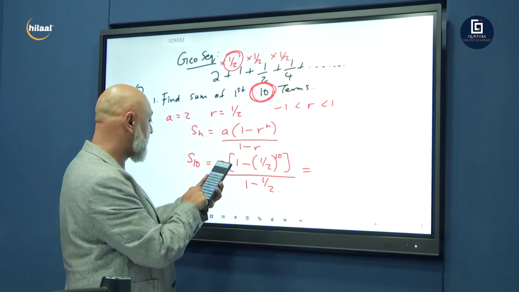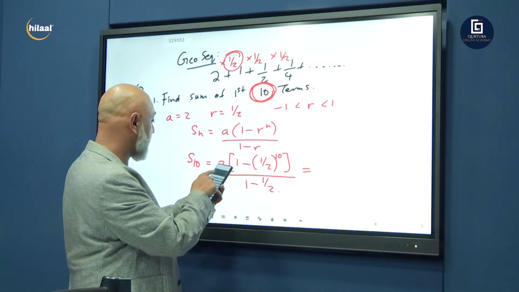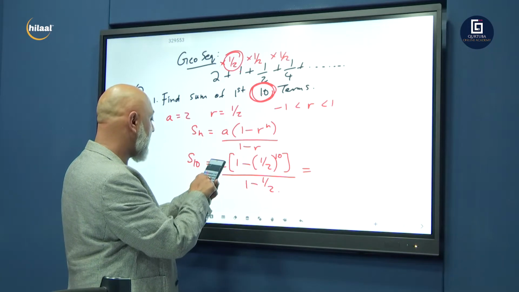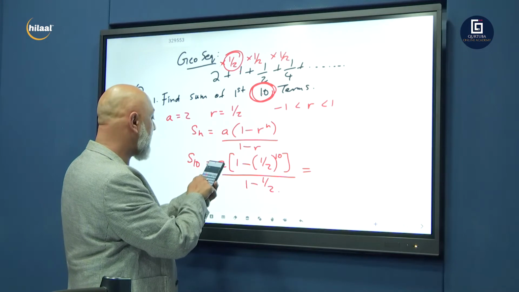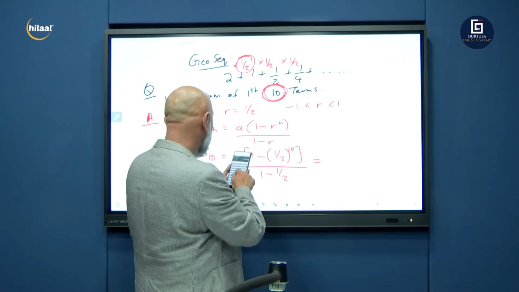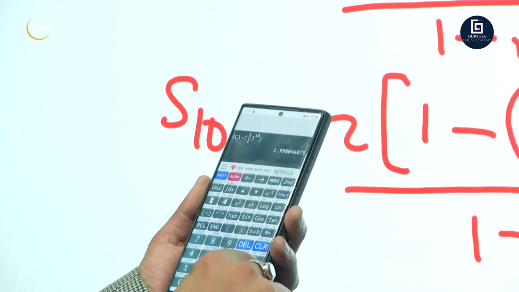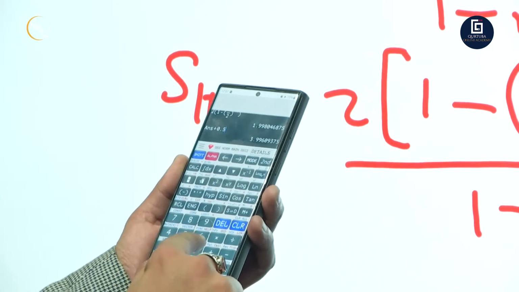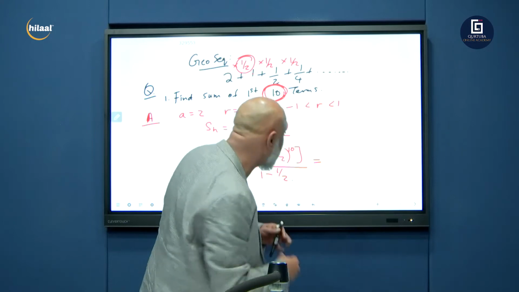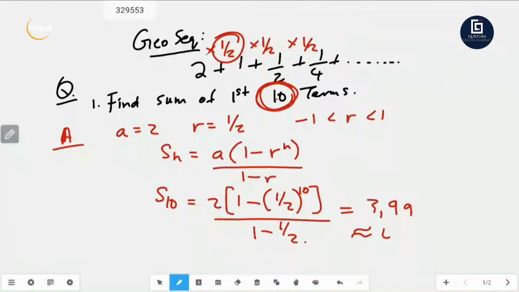Open brackets, 1 minus, open brackets, half, let's go fraction, 1 over 2, go to the side, close brackets, to the power 10, close brackets, and then divide that by 1 minus a half, which is a half. So I'm just going to divide it by a half. You get 3,99, which is approximately 4.